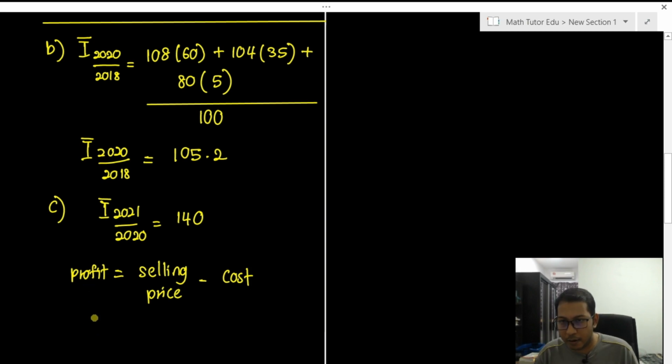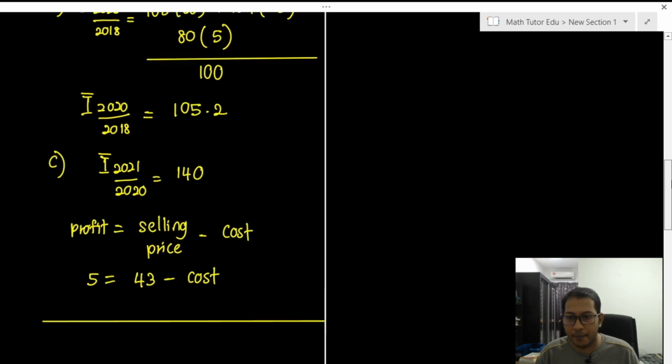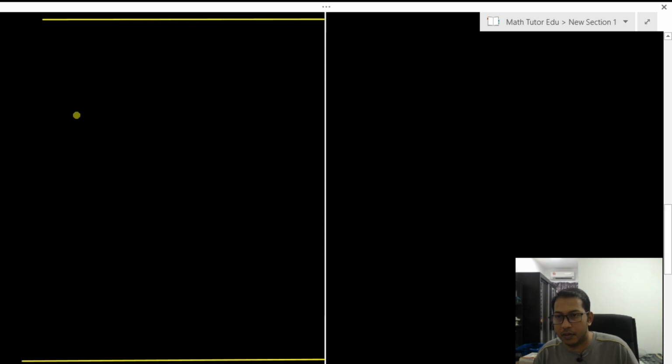In this case, the profit is 5, the selling price is 43, minus the cost. Let us continue our working. You calculate this, you should get your cost is equal to 38 ringgit.